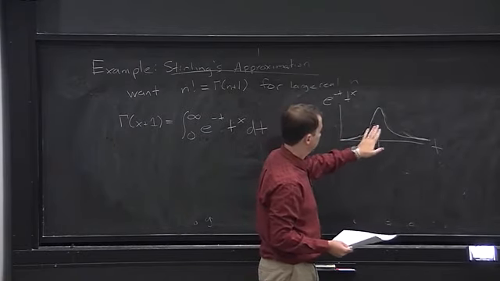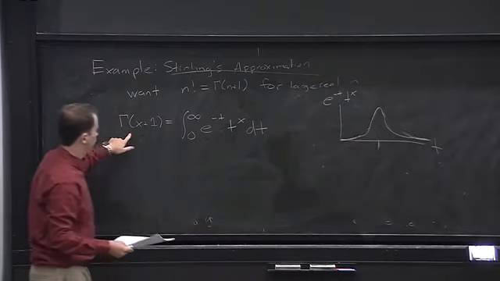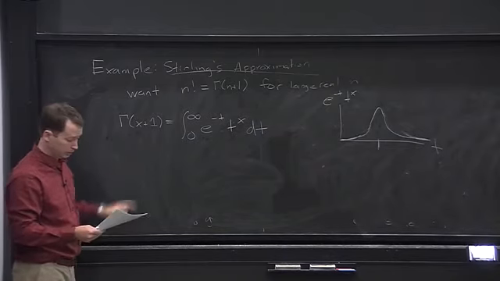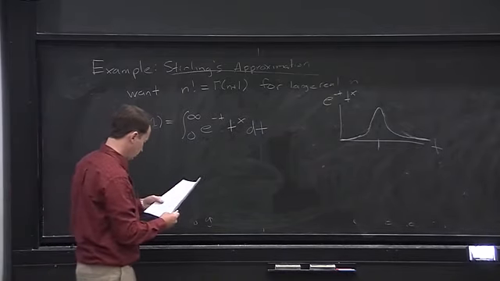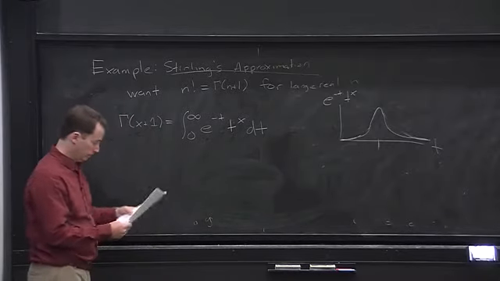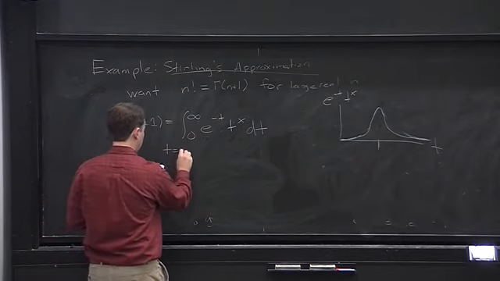That Gaussian integral will become more and more peaked, so our approximation will become better and better, in a sense, as our expansion parameter becomes bigger. So we want to make this look like a Gaussian integral. To do that, we can make a change of variables. t equals wx.